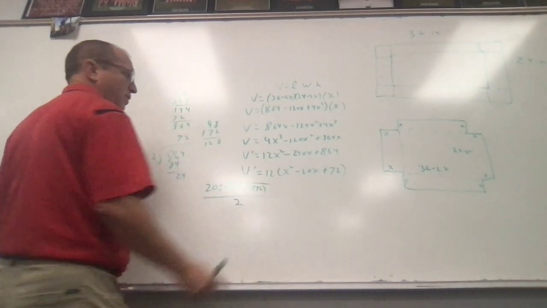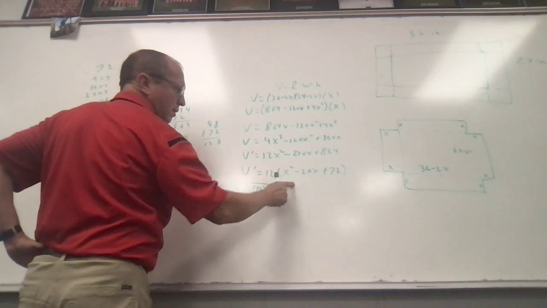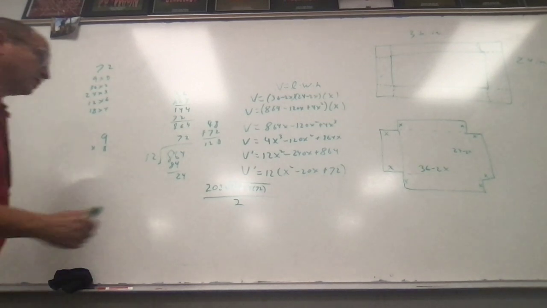Again, we don't need the 12 in here because the 12 has no effect on what makes x equal to 0. That's the reason we can factor it out and not be affected by it. All right, what is the 4 times 72 here?